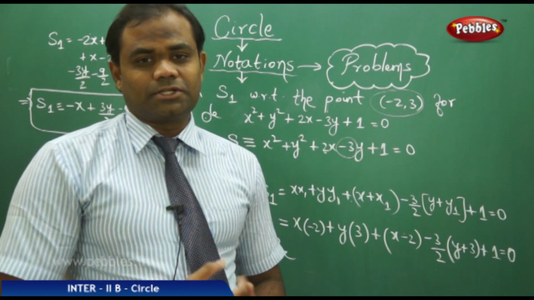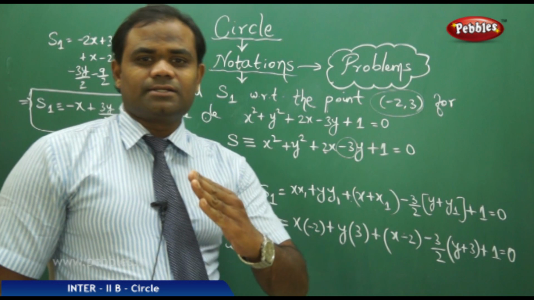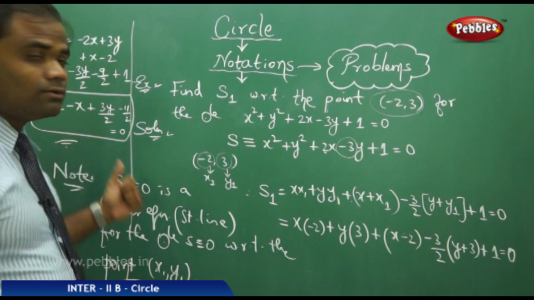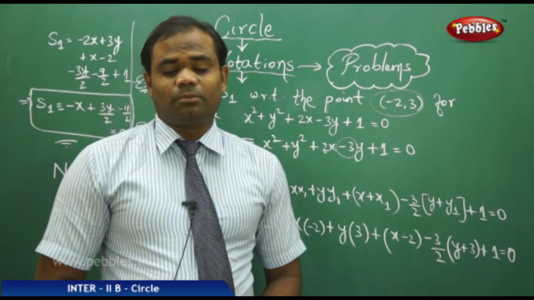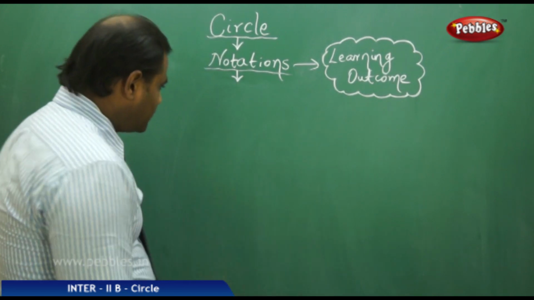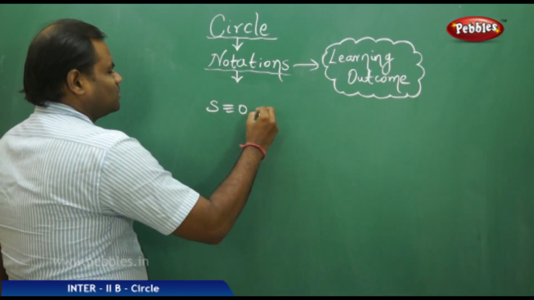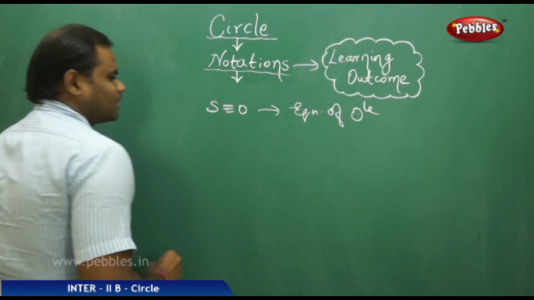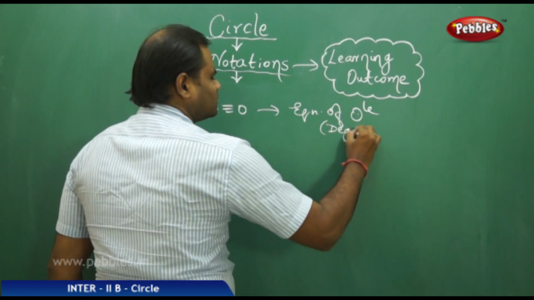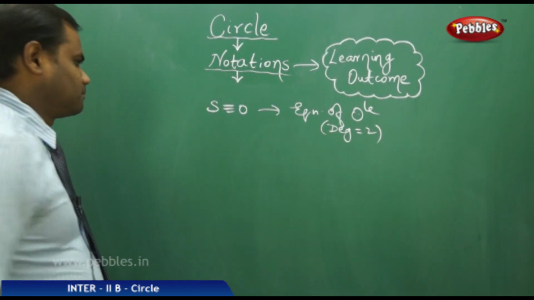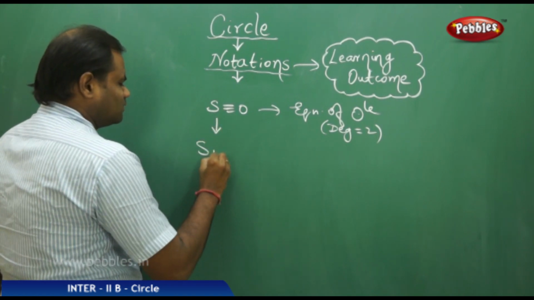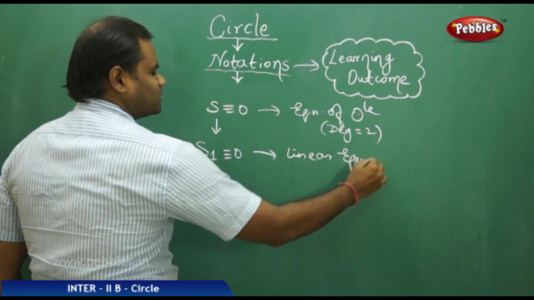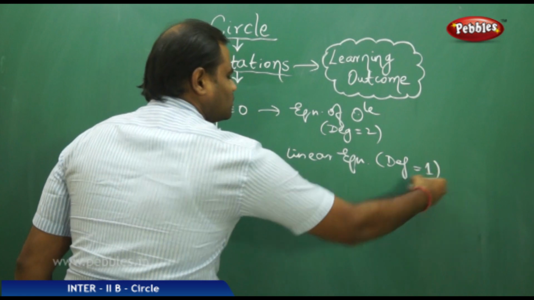So this helps us in understanding that any line considered for a circle has some properties connected with S equal to 0 and S1 equal to 0, which we are going to see in future topics. So therefore, with the various notations, I understand that S equal to 0 is the equation of a circle and it is of degree 2 or second degree polynomial. Now when I take S1, as we have seen in the previous case, it is a linear equation with degree equal to 1.